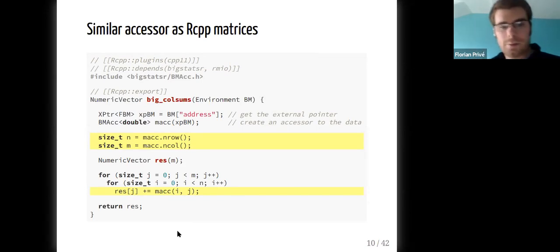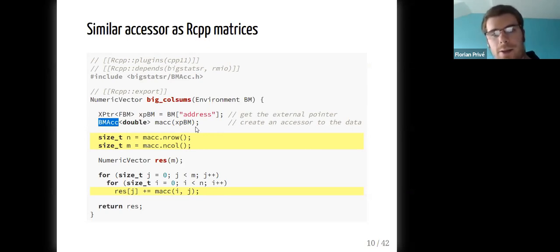So we've seen how to access the data in R, but we also maybe want to access the data within C++ or Rcpp, if we want to code some very efficient algorithm in C++. To do that, it's very easy, because I provide an accessor that behaves similarly to a standard R matrix.